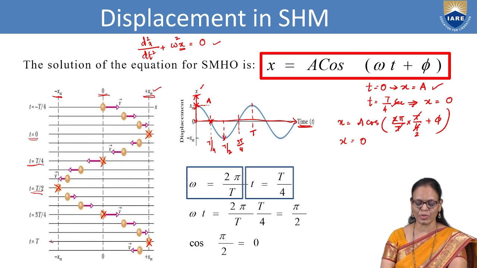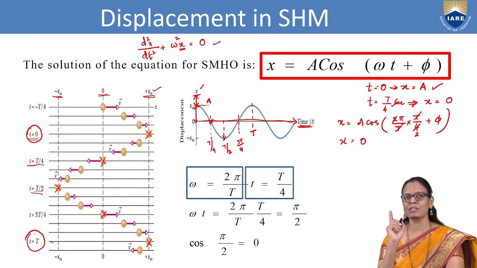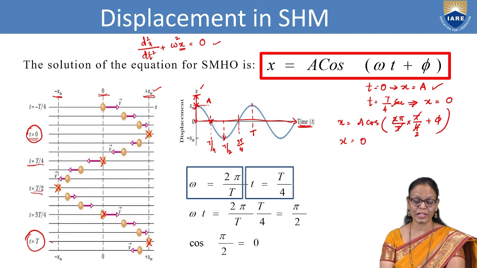What we are trying to understand is a time interval of t is equal to 0 to t is equal to T, meaning a complete oscillation. The time period is what? It is the time taken for one complete oscillation. So we are trying to trace the object on a graph plotted for time versus displacement, time along the x-axis and displacement along the y-axis.